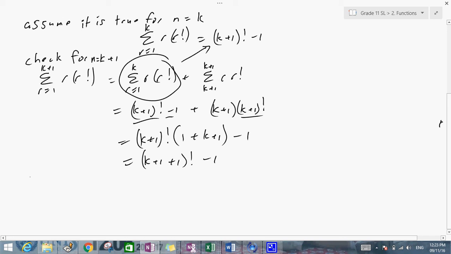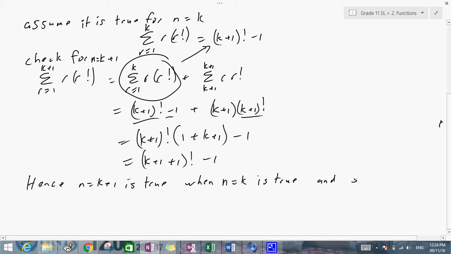And therefore, n equals k plus 1 is true when n equals k is true.